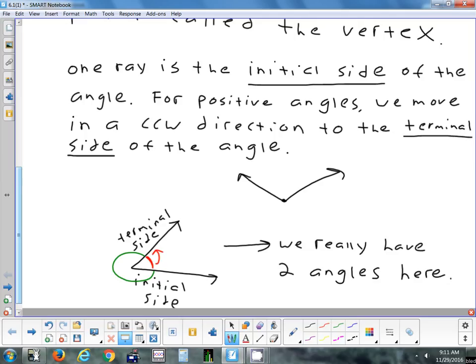So you would go like this. This is initial. This is terminal. Any questions on that? It doesn't matter how the angle is rotated. You always go counterclockwise between the two rays, not on the outside of them.